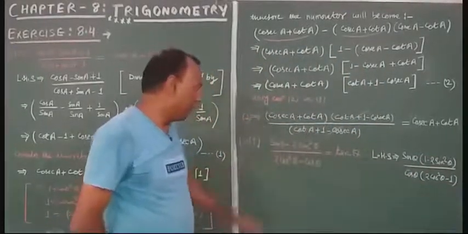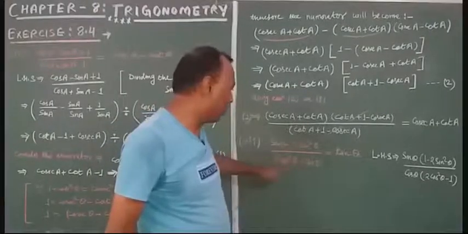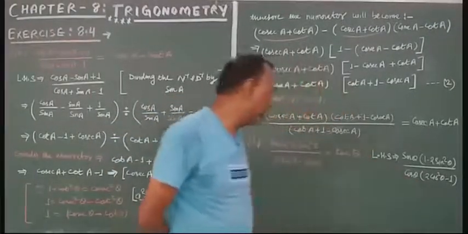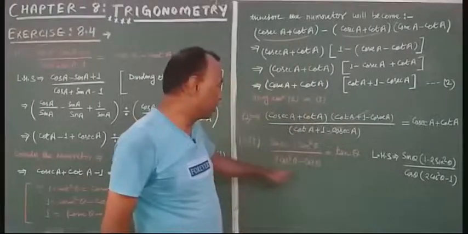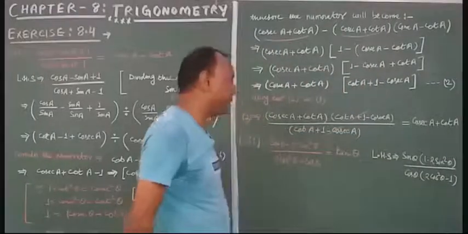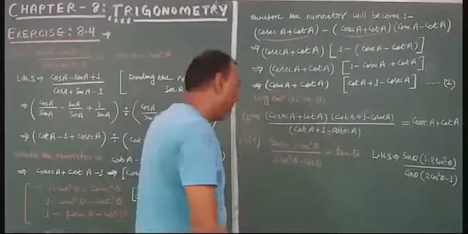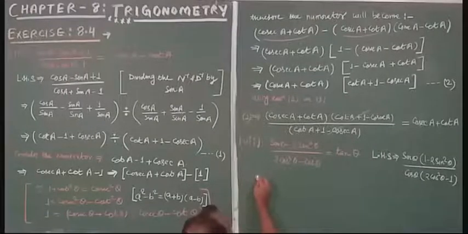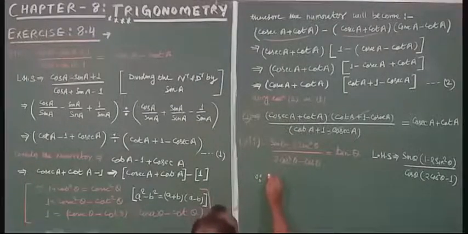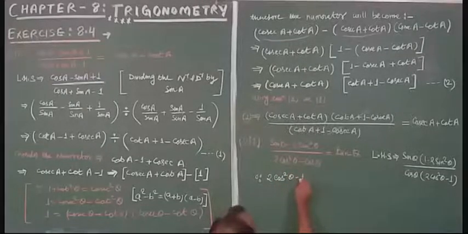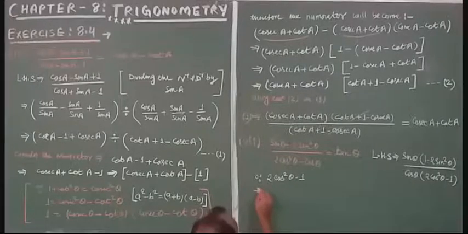Now divided by, just look at the denominator. Cos theta is common there. We can take cos theta outside in the denominator. You will get 2 cos square theta minus 1. Now just look here. Since 2 cos square theta minus 1, this can be written how?